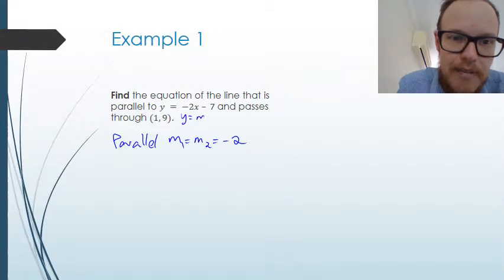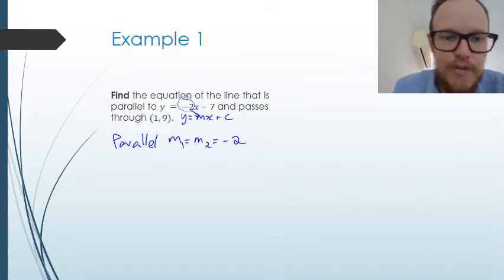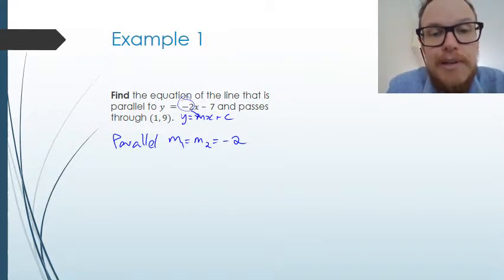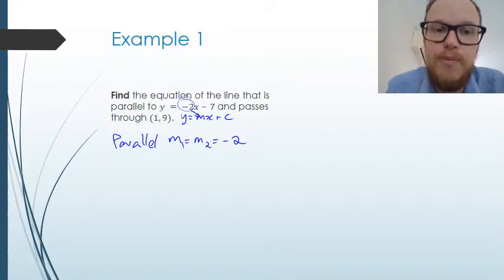So that is our gradient, negative 2. The coefficient of x is our gradient. So because they're parallel, the gradient of the line that we're trying to find is negative 2. We also know that it passes through the point (1, 9).